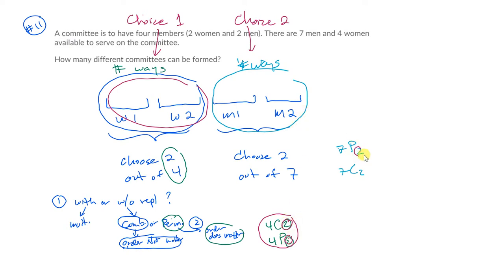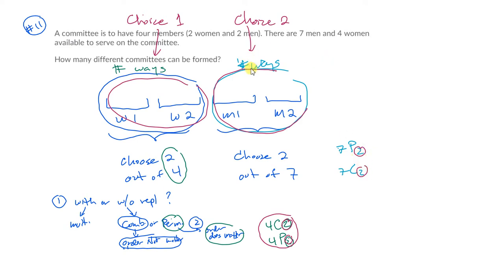Same thing with the men, 2 are being chosen. Once you compute the correct choice, either 7P2 or 7C2, it essentially does both of the choices for you. It computes the ways that both choices can be made, because that's what the 2 is telling us.